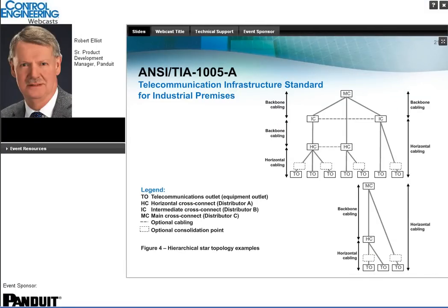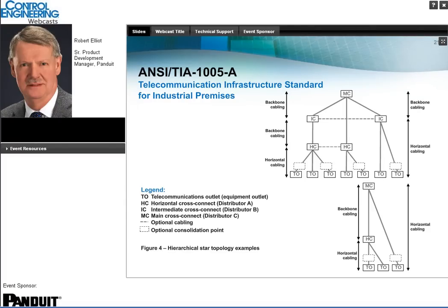Here's a diagram that you'll see in this standard, TIA 1005. It shows the architecture for the cabling infrastructure. You'll see that the names identified here don't look very much like the ones we've already talked about. However, they map directly into the kind of infrastructure we've shown in previous slides. MC would be, for example, the entrance facility.